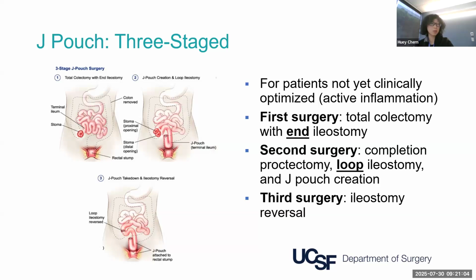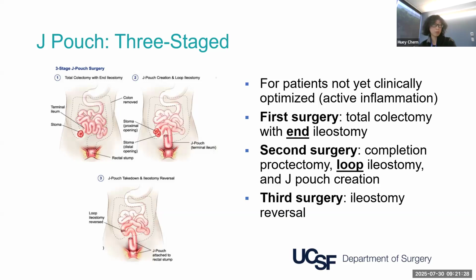So the 3-stage would give us the opportunity to have that conversation more as an outpatient when things are more settled. So the first stage is probably applied to patients that we're seeing in the hospital with acute flare and just unable to be medically managed.